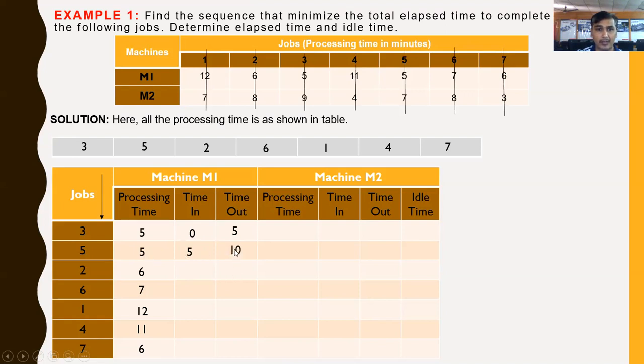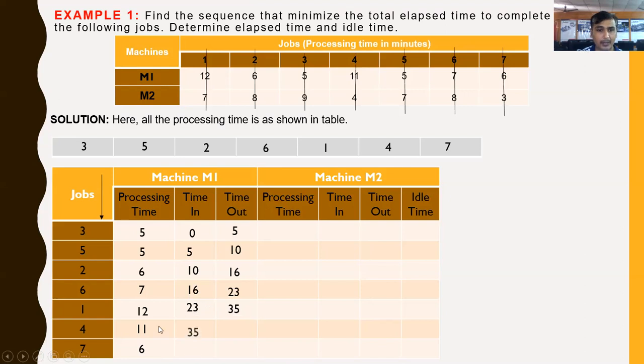Is it clear? Simple. You just write down the previous job's time. Same thing for job number 2: job number 5 completed at 10 minutes, so 10 plus 6 is equal to 16. Again 16 plus 7 is equal to 23. Same thing, 23 plus 12 is equal to 35.